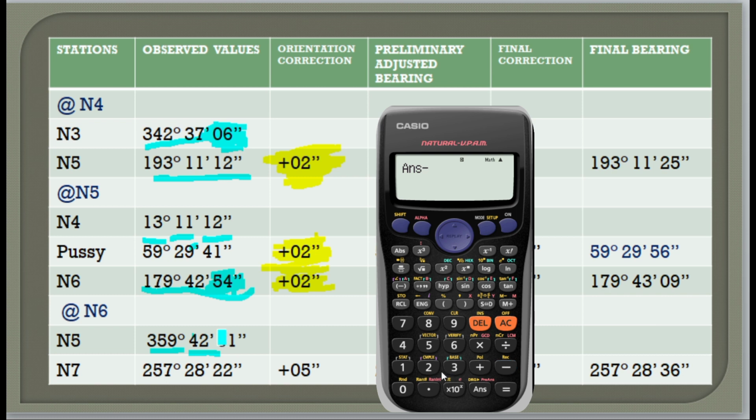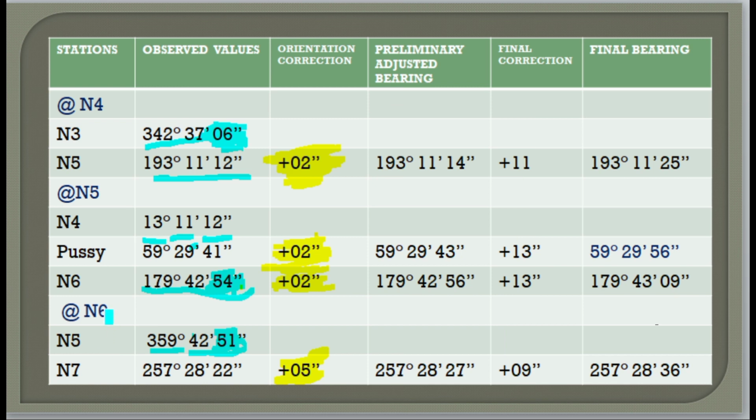But here we can see in our last part we had an error, so that was 51. By subtracting both those two, we'll get a positive 3. That positive 3 will be added on the previous orientation correction section here. So positive 3 plus positive 2 will have our orientation correction as positive 5. Having done that, we move on to the next station.